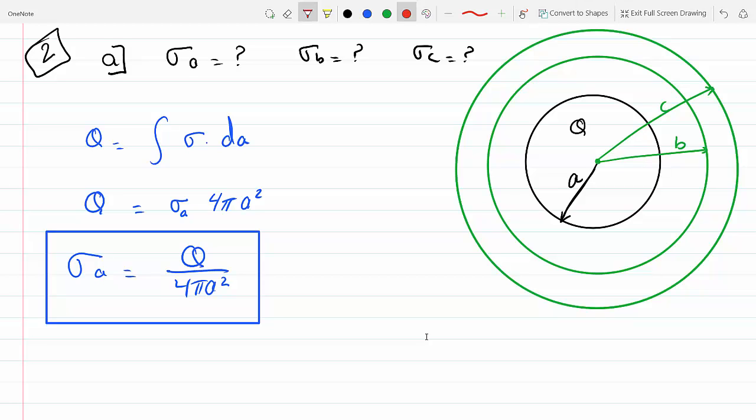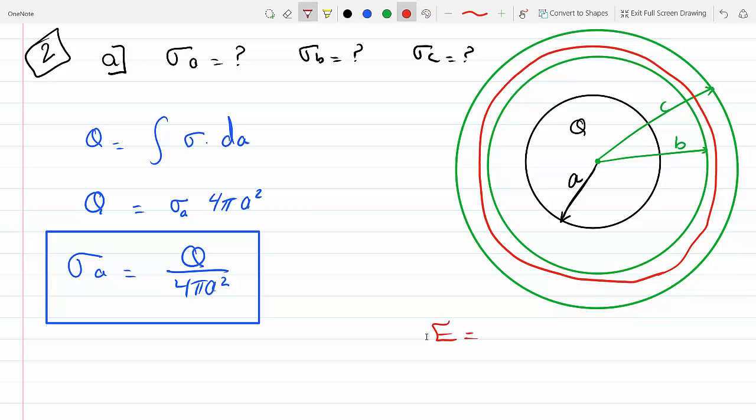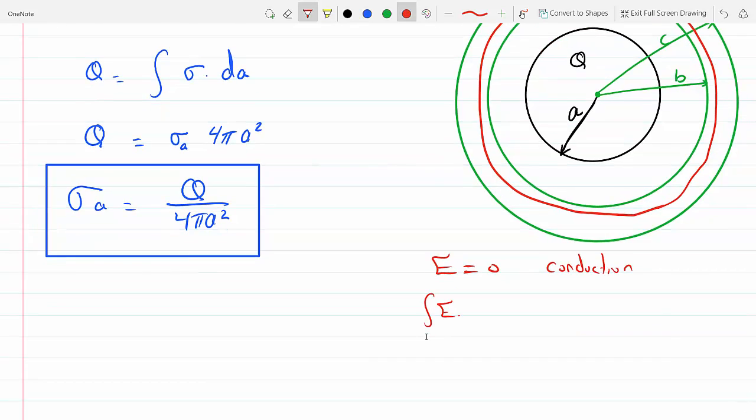If I were to take a Gaussian surface here in the red region, I know that E has to be 0 because it's a conductor. And from Gauss's law, we know that EdA equals Q enclosed over epsilon.